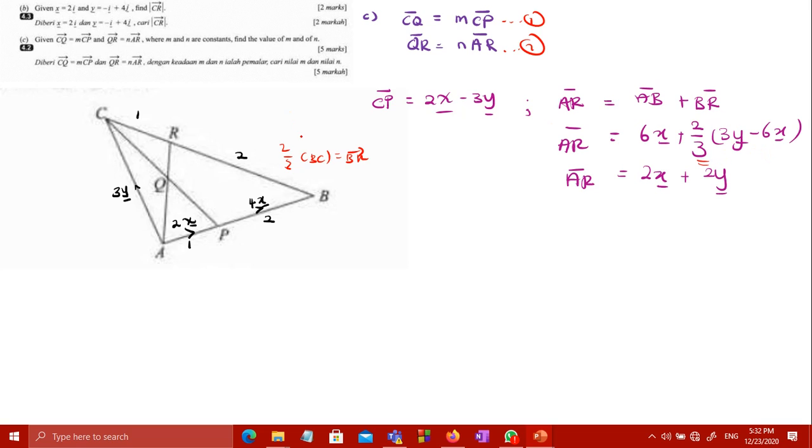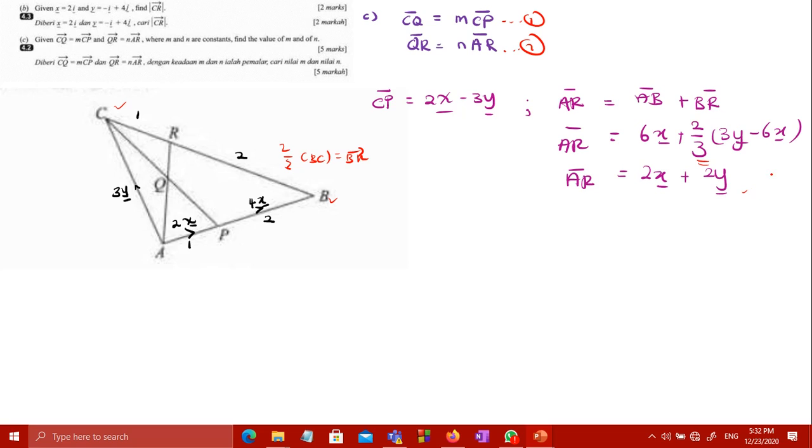And we know BC is the negative or the opposite direction of CB, and we know previously CB, we have this information, which is negative 3y plus 6x. So we just put the negative and we get negative y, 3y minus 6x as CB. And we do the operation, we get AR is equivalent to 2x plus 2y.